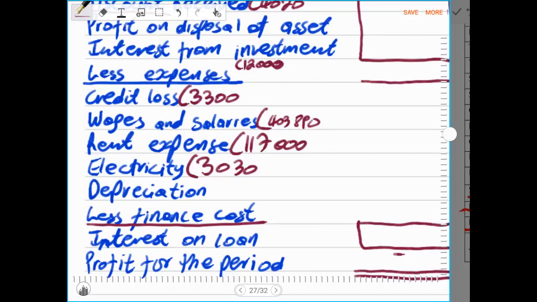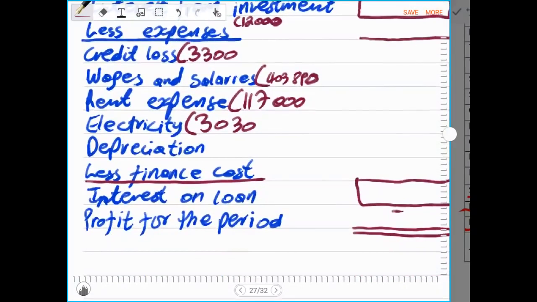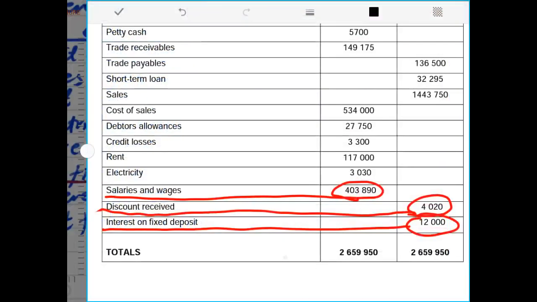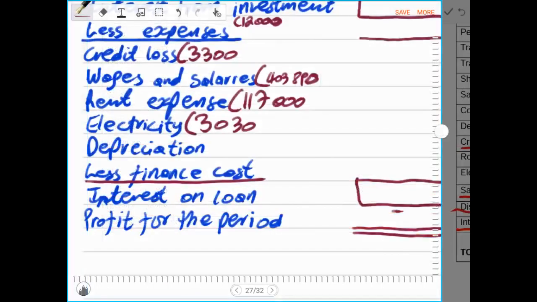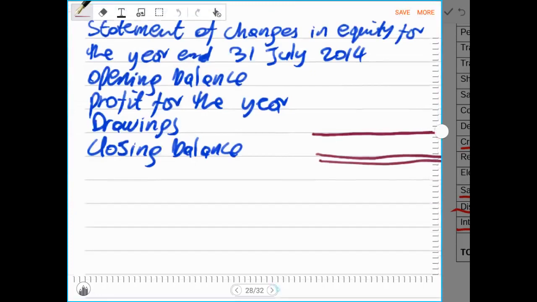Depreciation, we still have to account for that. Rent is already given, I took the amount as it is from the trial balance. There is 117,000 rands for rent. Credit loss, it was 3,300. So just make sure that you keep a record of what is already there. Then similarly with the statement of changes in equity, you can just write the structure for that.